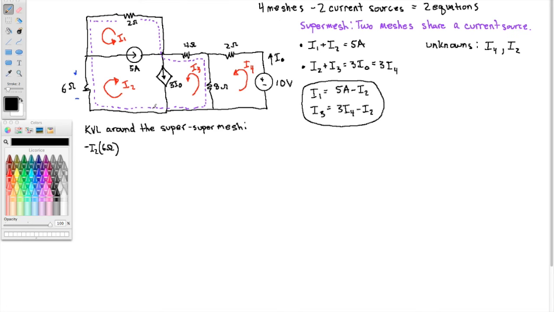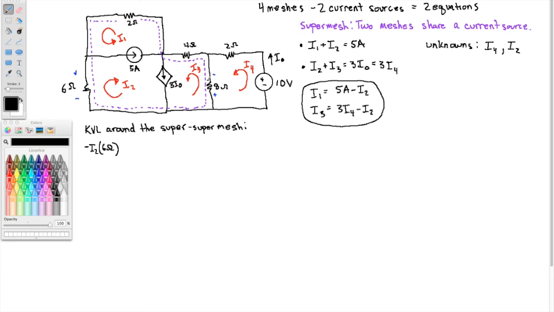I'm going with the dashed line. So the next thing I hit is the 8 ohm resistor. So I need the drop in this direction, from bottom to top. So I'm going with I3 at that point, because I3 is circling around this way.